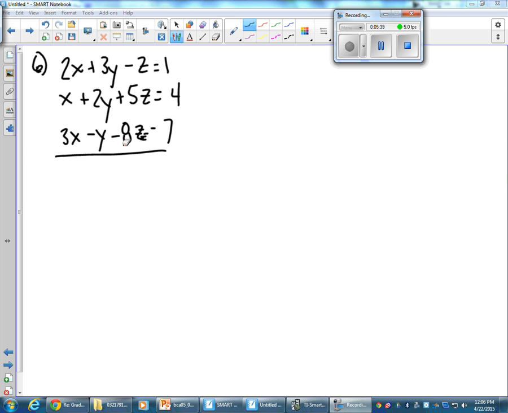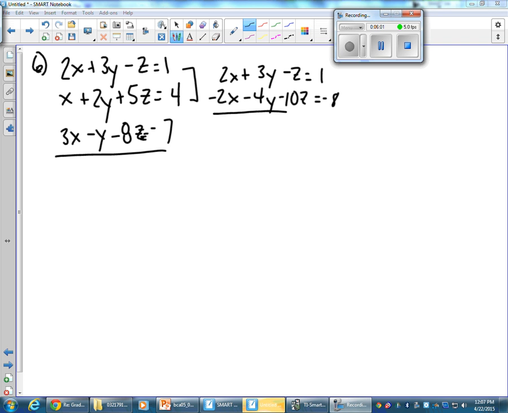All right, so if I use the first two and I wanted to eliminate x, I'm going to take the first line like it's written, and then I'm going to multiply the second line by a -2. So this will become -2x minus 4y minus 10z equals -8. And somebody said, why a -2?